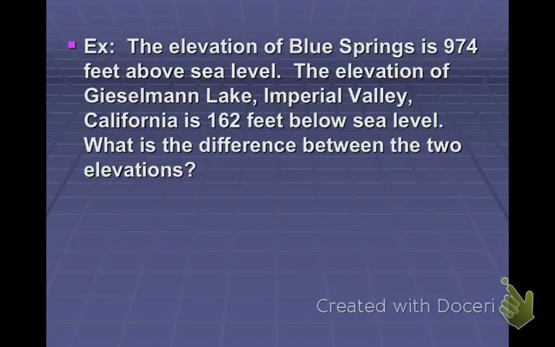162 is kind of like the negative number in this instance. Because Geiselman Lake in Imperial Valley, California is below sea level, so it's below the natural surface. We had to come up out of it just to get to zero, and then work our way up. Difference meant to subtract.